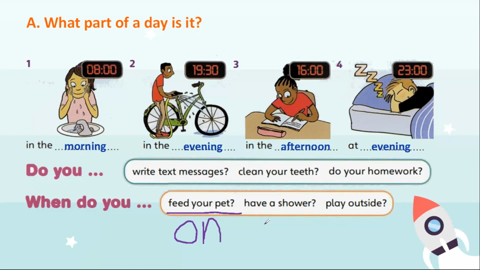I have a shower at, not 10 o'clock. Not at. I will encourage you to use another time expression just like on, in, every. Use another time expression. When do you have shower?